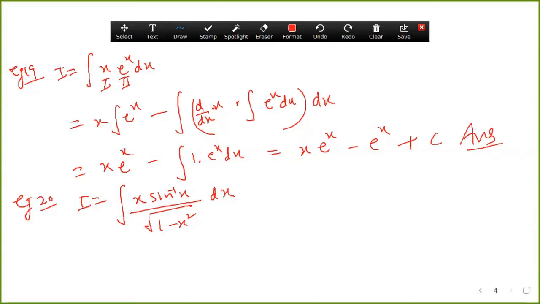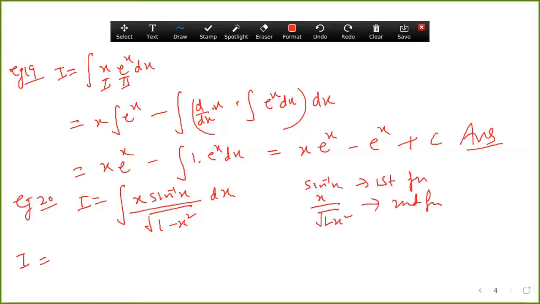So the question becomes like this. Let's see, I is equal to, I have to write down here sine inverse x as first function and x upon under the root 1 minus x square as second function.